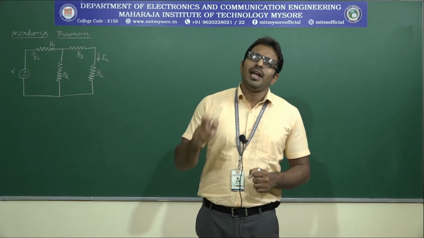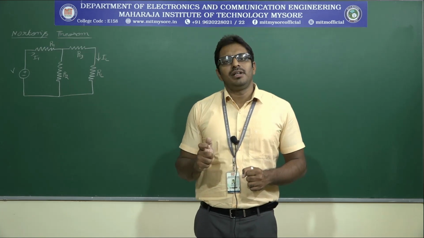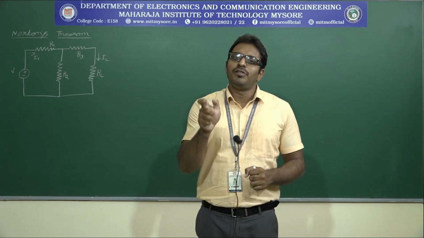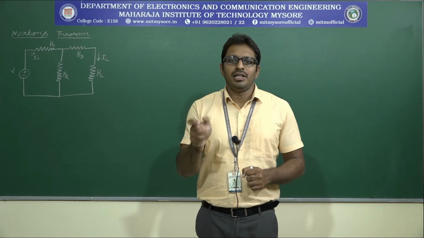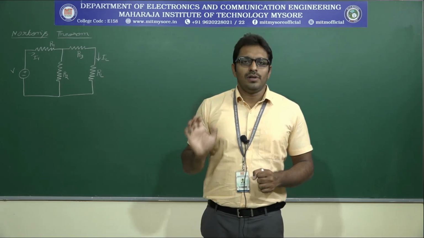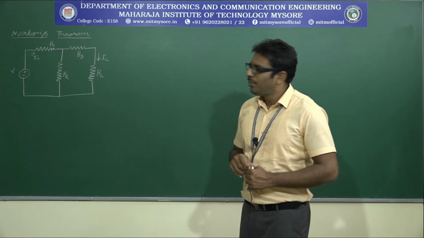The statement is exactly the same as Thevenin's theorem statement, except one line. What is that? Instead of open circuit voltage, here we are finding short circuit current through the load terminal. Is it clear? Now let us move on to the proof.